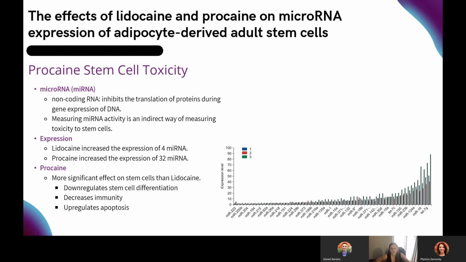And also note that this is using adipose-derived stem cells. So when we do adipose-derived stem cell injections, it's showing us lidocaine has a better response than procaine. However, when injecting procaine or lidocaine into a joint, the native mesenchymal stem cells may respond differently to the local anesthetics.